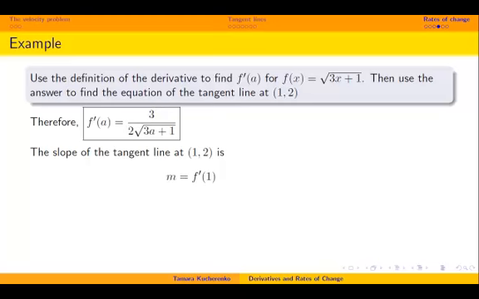We use the formula for f prime of a with a equals 1 and get the slope m to be 3 over 2 times square root of 3 times 1 plus 1, which equals 3/4.